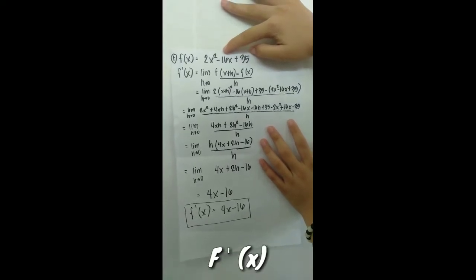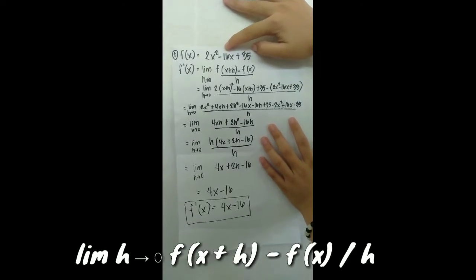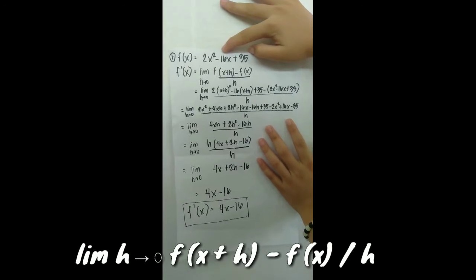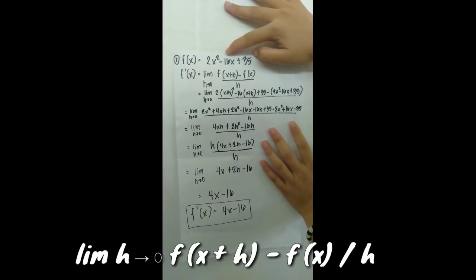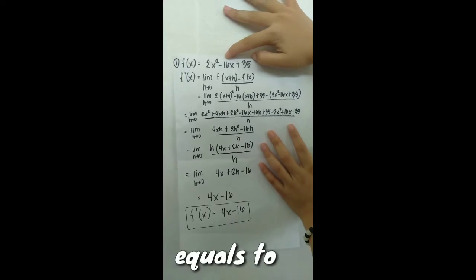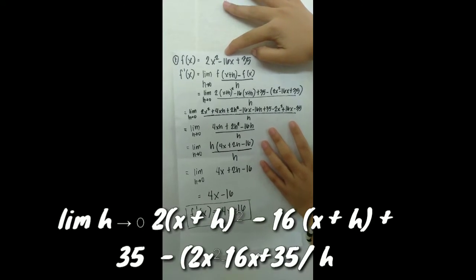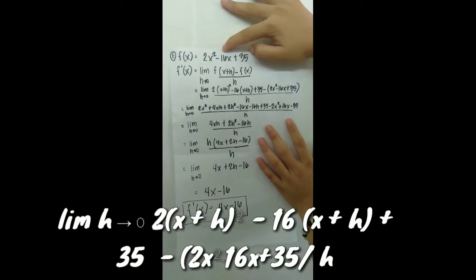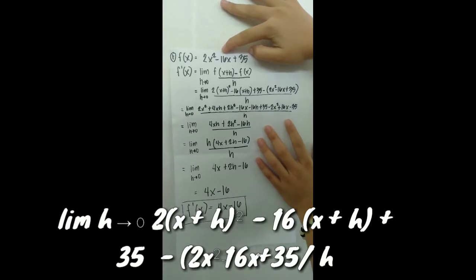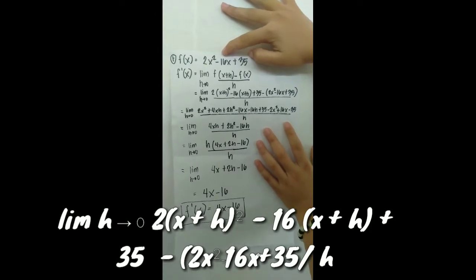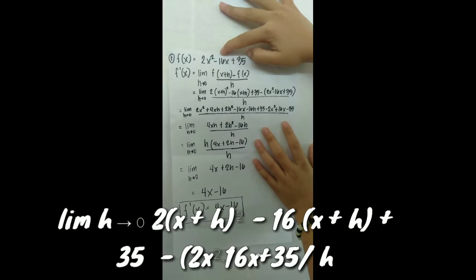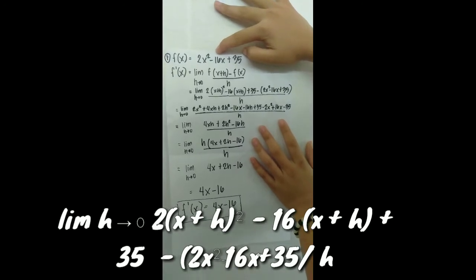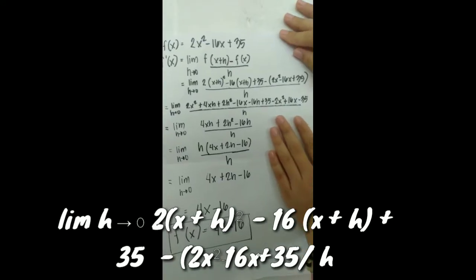So f prime of x equals the limit as h approaches 0 of 2 times x plus h squared minus 16 times x plus h plus 35 minus 2x squared minus 16x plus 35 all over h.